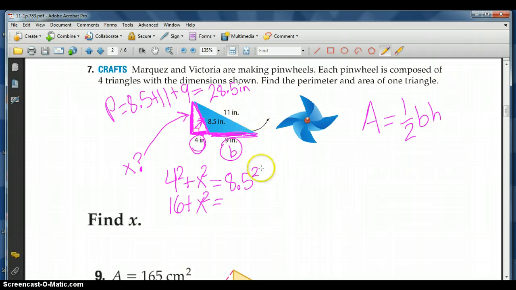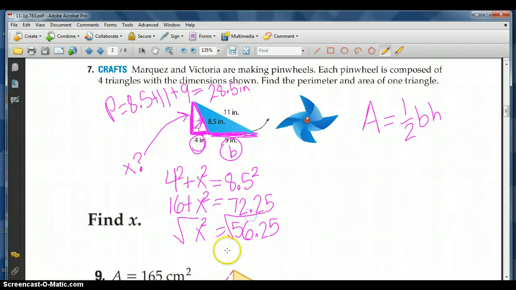So that would be 72.25, and subtract 16 from that and you get 56.25, and take the square root of that. So X is approximately 7.5. And once again, that was our height.